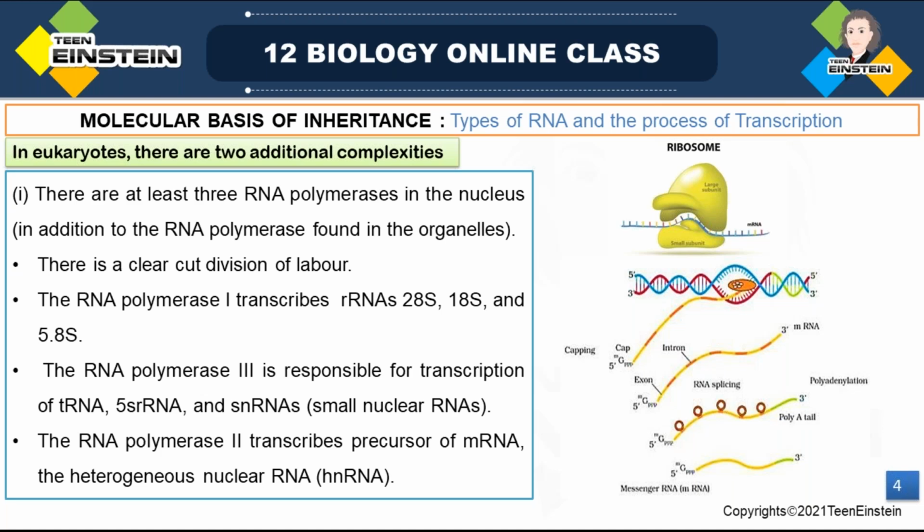Got it? Then RNA polymerase 2 transcribes the precursor of mRNA. What is that? The heterogeneous nuclear RNA, or hnRNA.